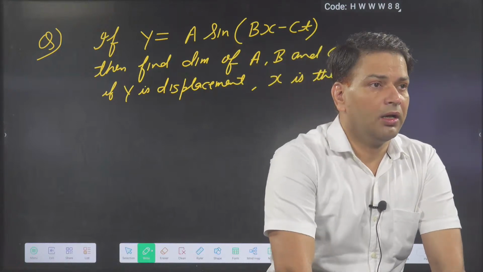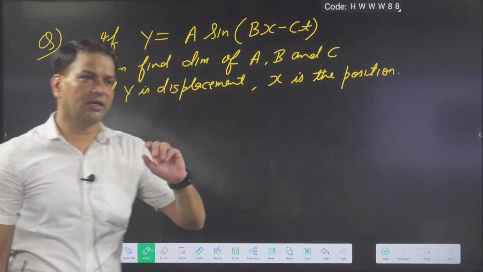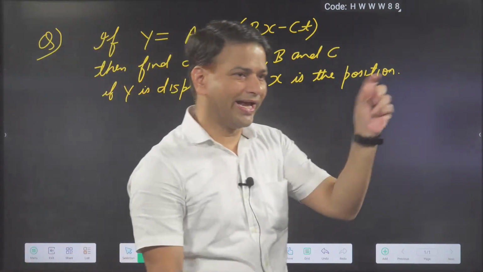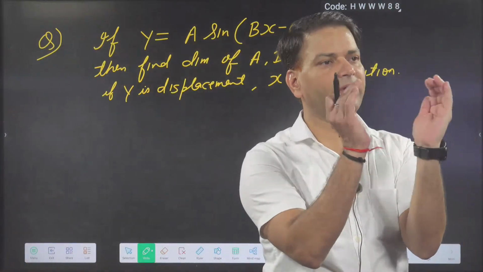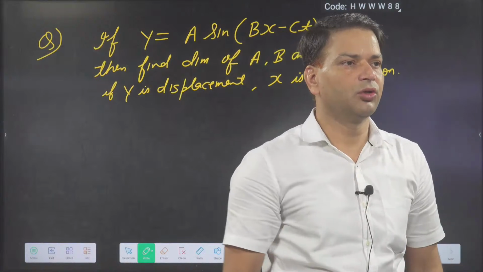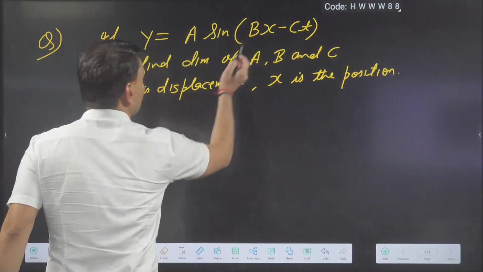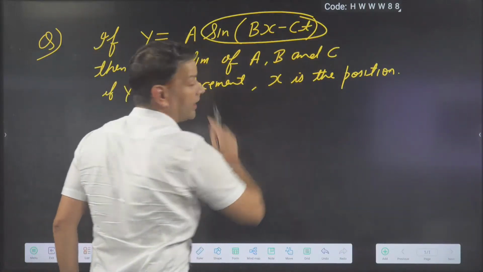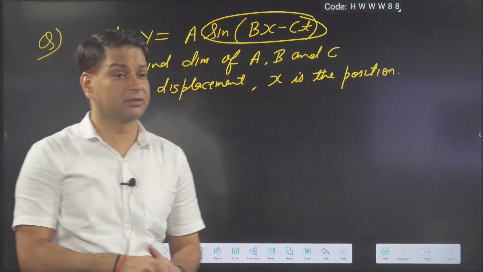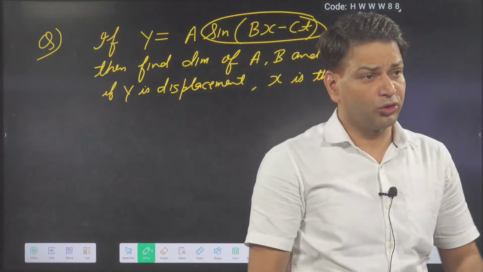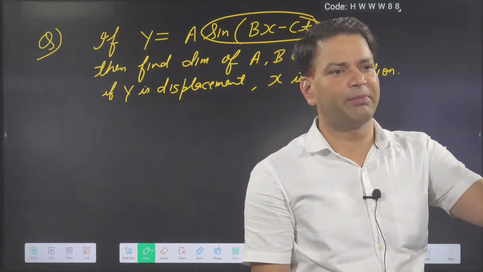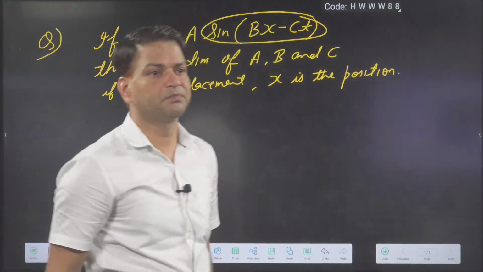Now here, whatever is there inside the sine, that is an angle. So what is the dimension of sine theta? It will be dimensionless. So if it is dimensionless, then the dimension of y must be equal to the dimension of a. What is the dimension of a?